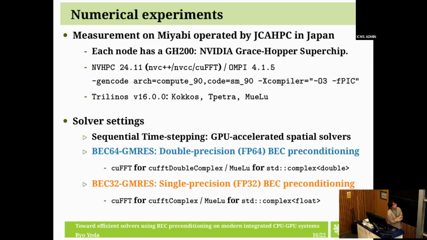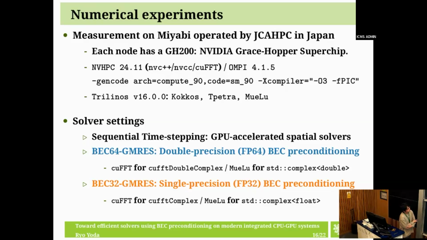We also use the NVIDIA HPC environment, including the C++ compiler, NVCC, and the cuFFT libraries, and OpenMPI packages with these compiler options. We also use Trilinos 16, including the Kokkos, Tpetra, and Belos packages.